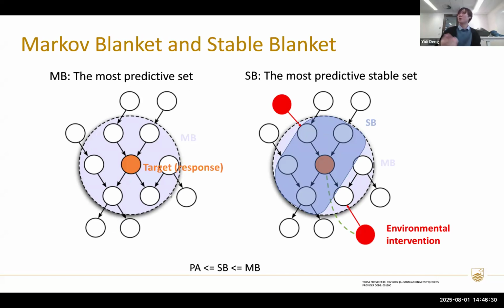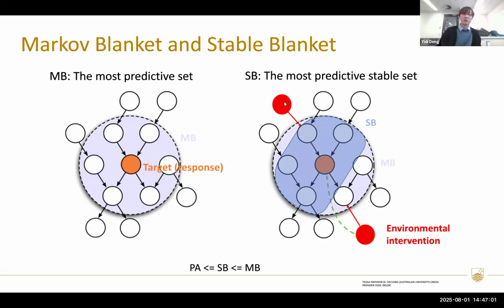However, what if now our system is being perturbed by some environment factor? Now, if we just condition on this Markov blanket, for example, we will see that when this environment factor perturbs the children of the response, conditioning on this response will establish the statistical dependency between these two variables, the response and the environment factor. So this means that your prediction will be confounded by environment.